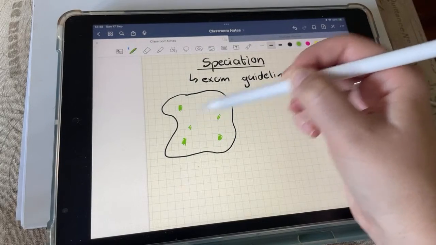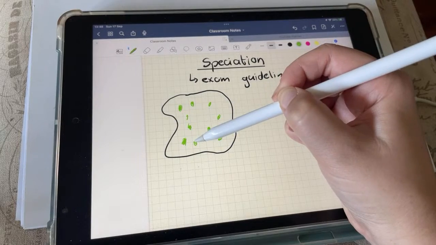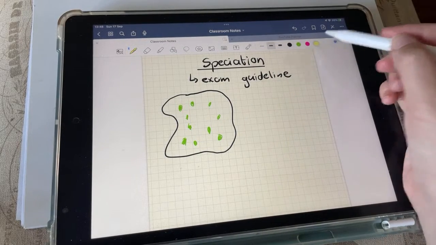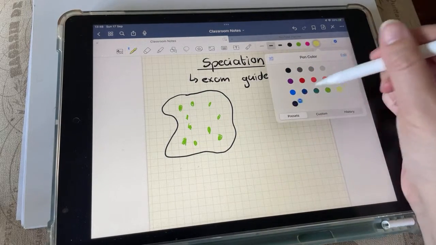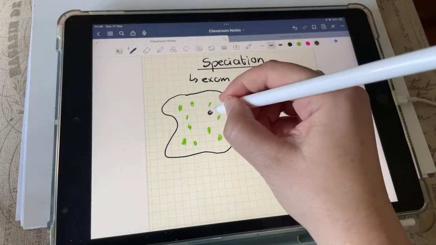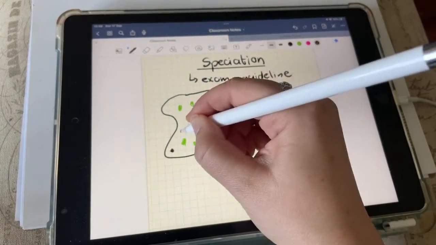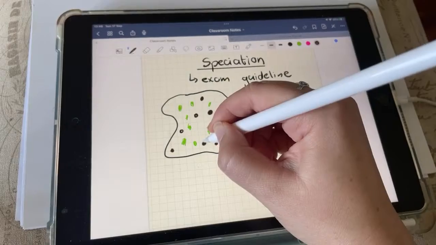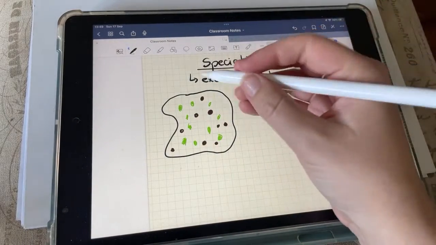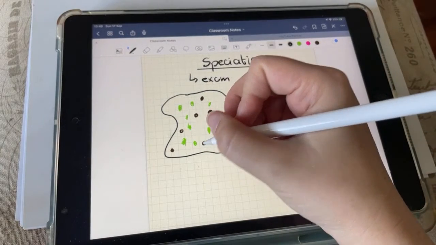Here's my green lizards all over the place. And then let's do brown. So there are some brown lizards.